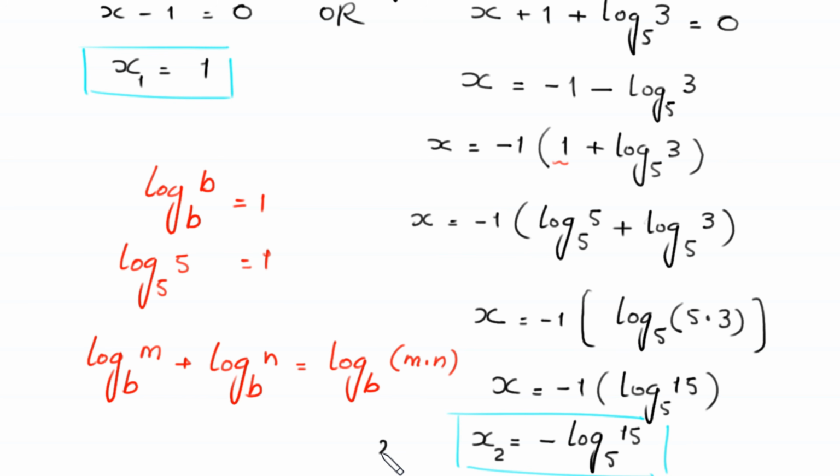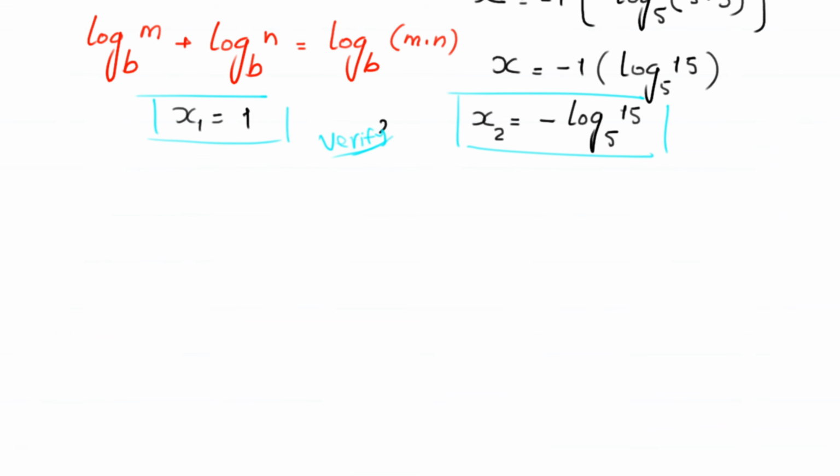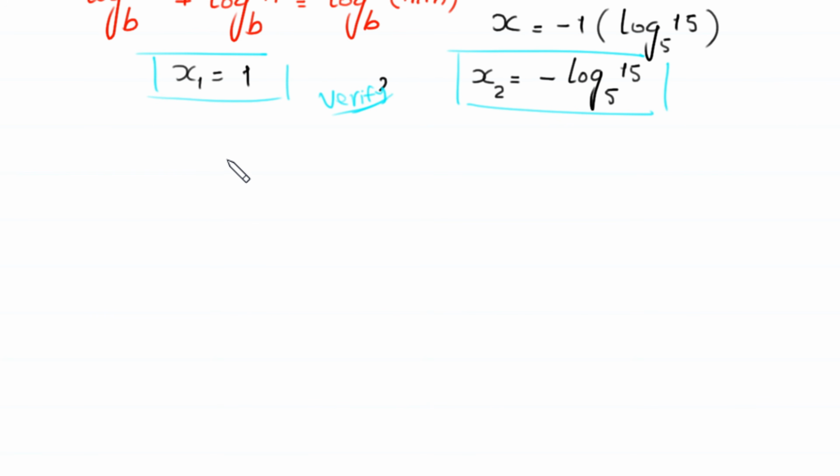And first we found the value of x1 is equal to 1. So we have two solutions of this equation. Now let's verify these values of x. The original equation is 3 to the power x times 5 to the power x squared is equal to 15.